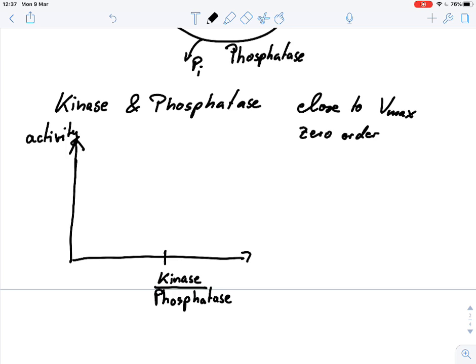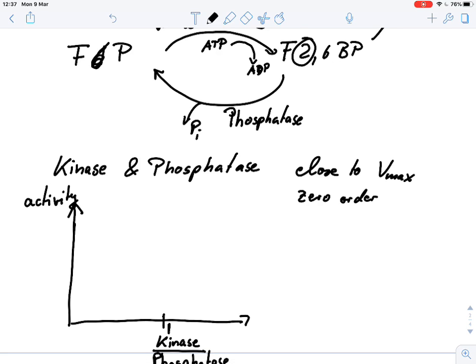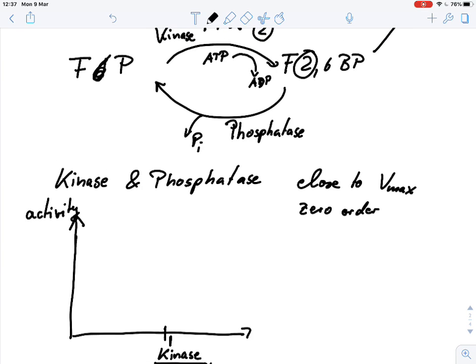Now, when they're equally strong, it's difficult to have the system well defined. But imagine in our system here, if the kinase is stronger than the phosphatase, which of the compounds will we get?